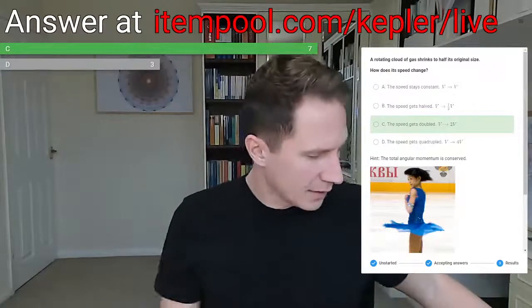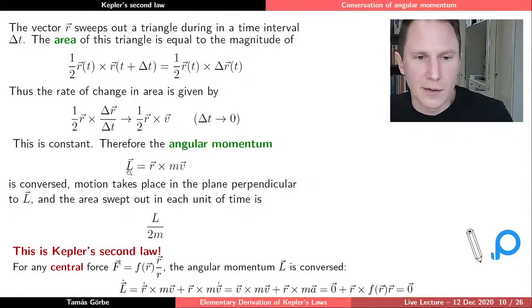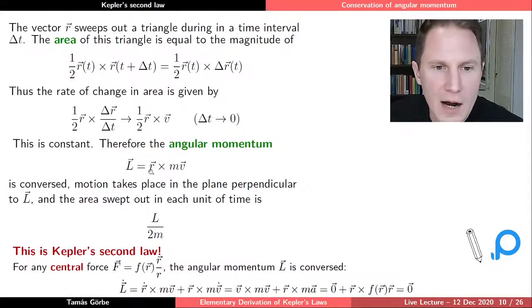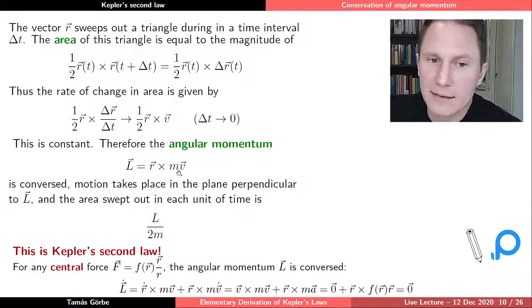Some people thought that it might get quadrupled, but in fact, if you want the angular momentum to stay conserved, remember the angular momentum was the vector product of r, the position, sort of the size of this cloud in this case, and its speed.